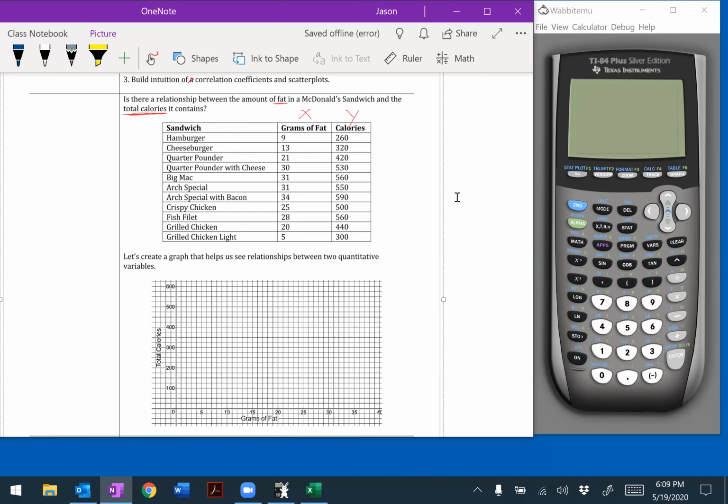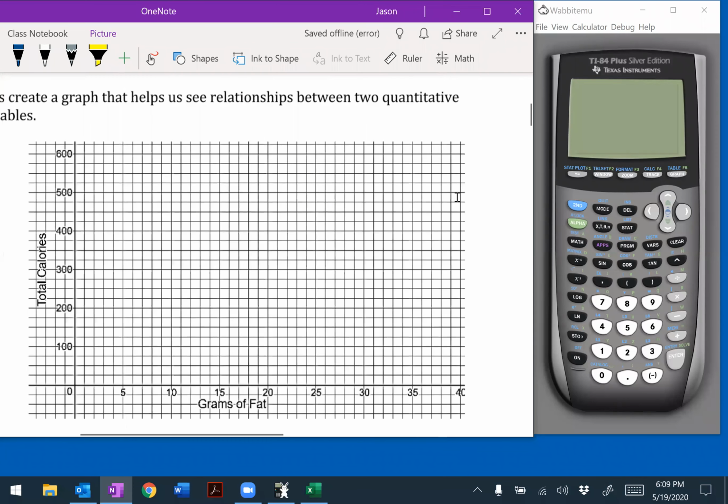The easiest way to do this is to start plotting points. Let's plot this graph. 9 and 260. I'm going to get rid of the points real quick.